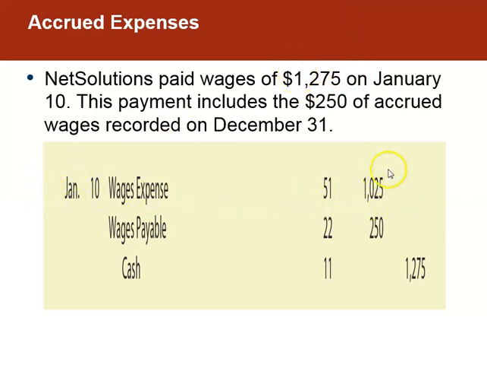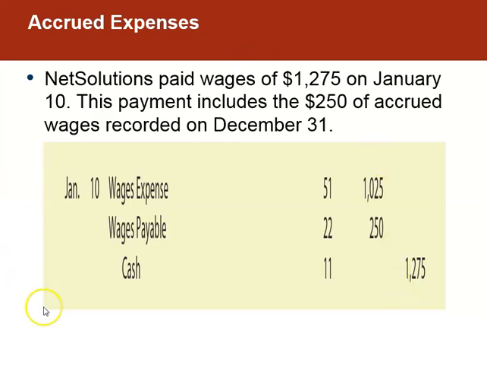We only expense $1,025, the part for the new year. And then we're going to debit the wages payable that we had previously set up because we no longer owe that money. We don't have that liability anymore. So it goes away with a debit. And now the cash, we're paying out $1,275 cash, so that is the full credit amount.